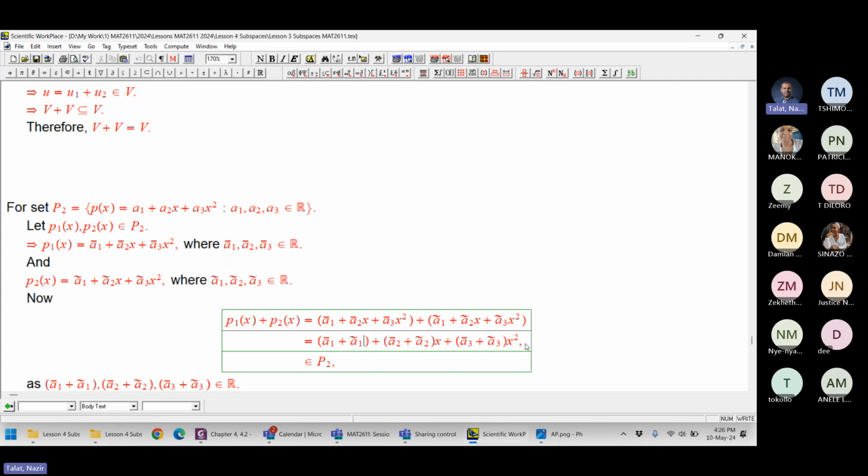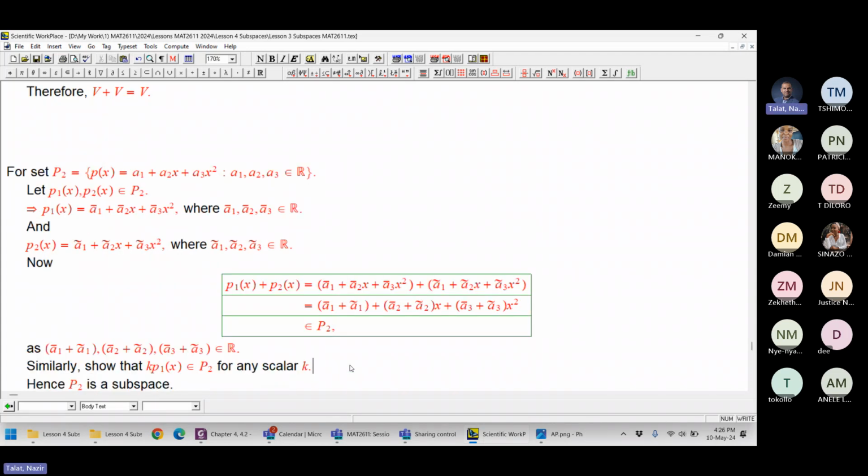It will again be a polynomial, because we know that the sum of two polynomials is a polynomial, and hence it belongs to P2. The sum of two polynomials is a polynomial, and hence this is also a second degree polynomial, where these again become the coefficients of that polynomial.